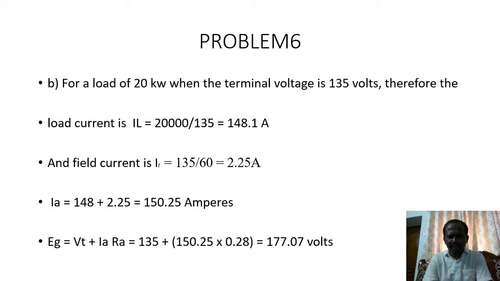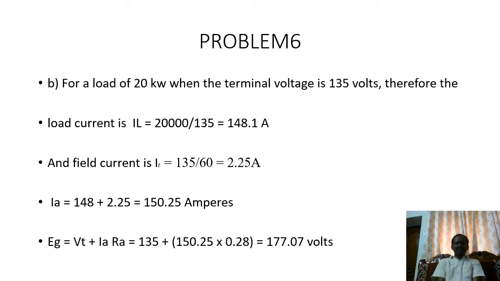The field current If, or Ish, with 135 volts across the shunt field winding, is 135 by 60, 2.25 amperes. The armature current is Ish plus IL, so 2.25 plus 148.1 is equal to 150.35 amperes.